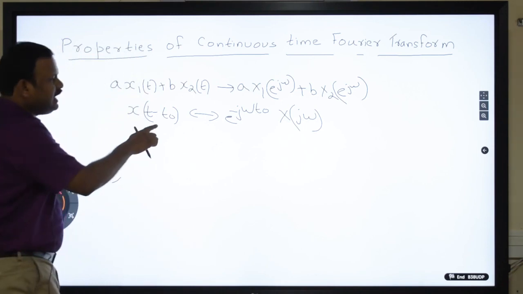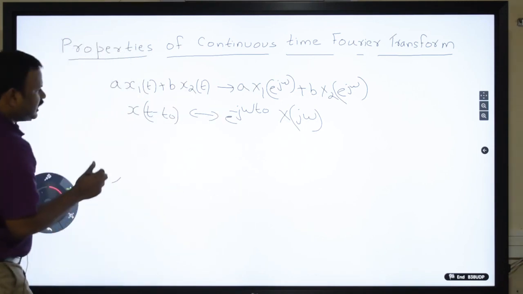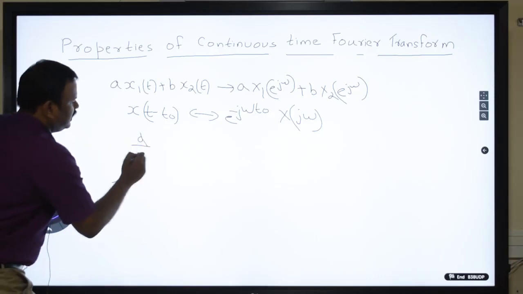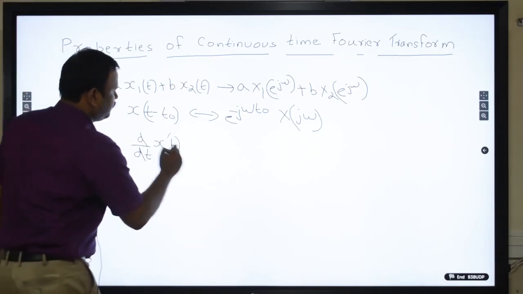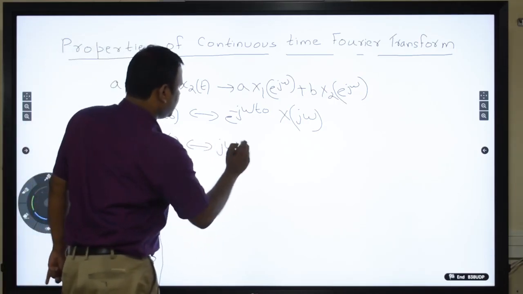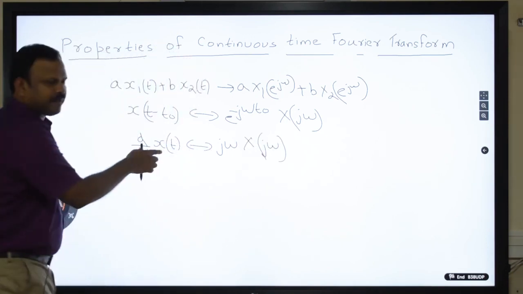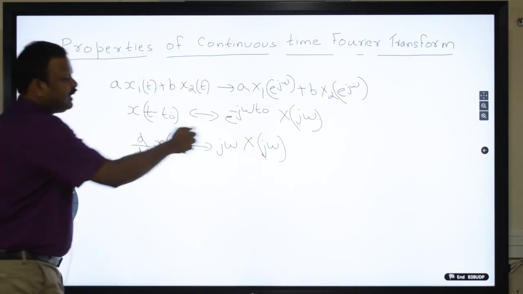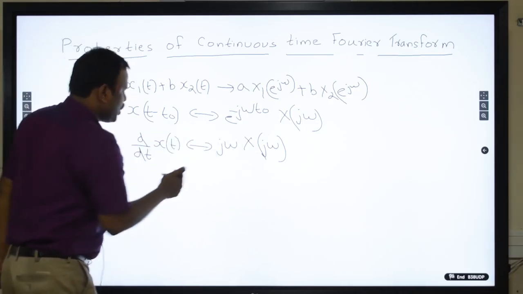That means, if you give a delay in time, it will appear as a phase shift in frequency. After that, we have seen the time differentiation property. So, d by dt of x(t) equal to j omega into X(j omega). So, if you do the differentiation in time, in frequency you have to multiply by the factor j omega.